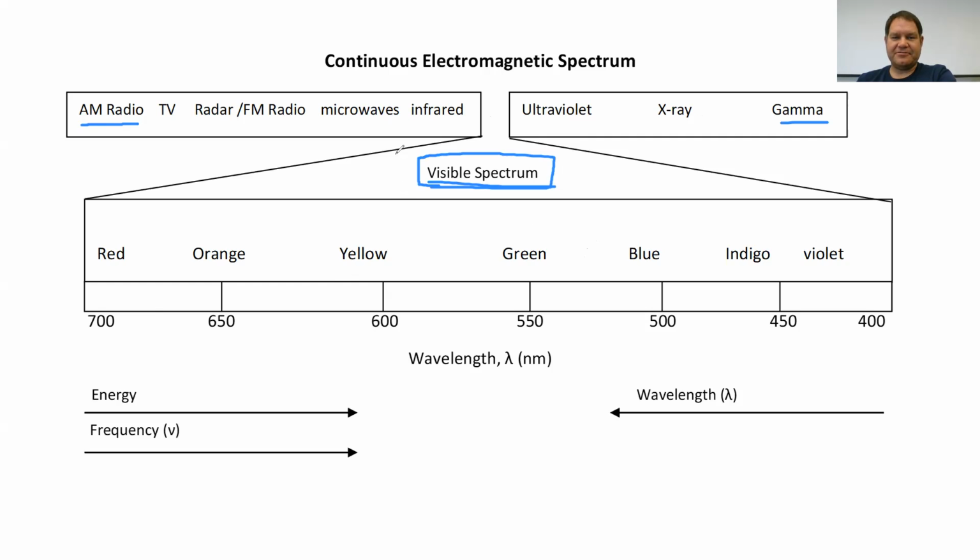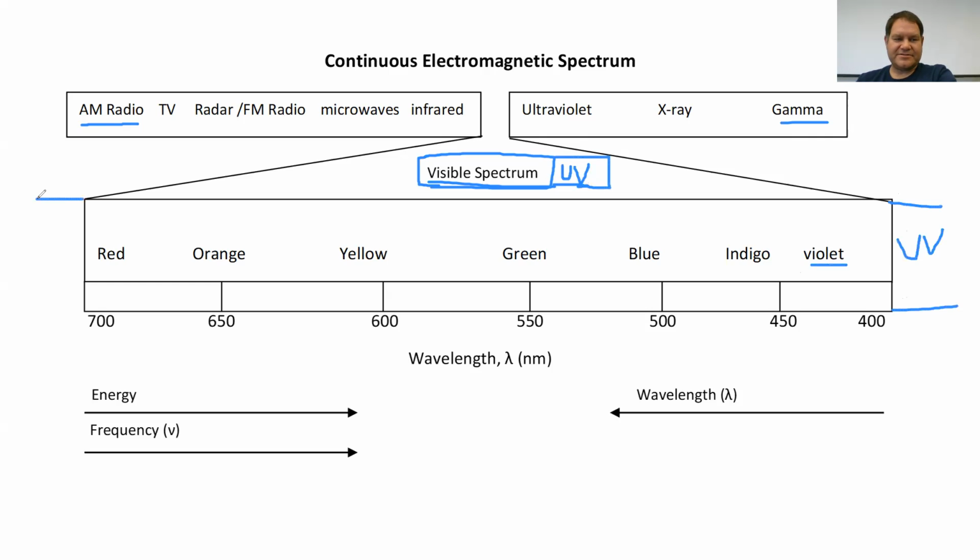Now, I need you to know some things. I need you to know that on one end of the spectrum is radio waves, and on the other end of the spectrum is gamma. And then on this side of the visible spectrum is ultraviolet, or in other words, UV light. Ultraviolet, thinking that it's nearest to the violet color, right? So right here is going to be the UV light, next to violet.